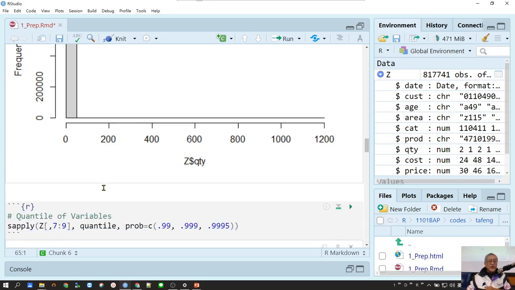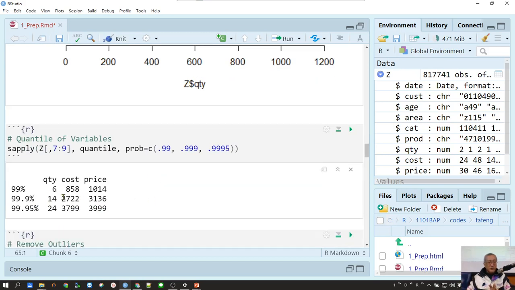So for these three variables, I calculate the 99th percentile, the 99.9th and the 99.95th percentile of each variable.